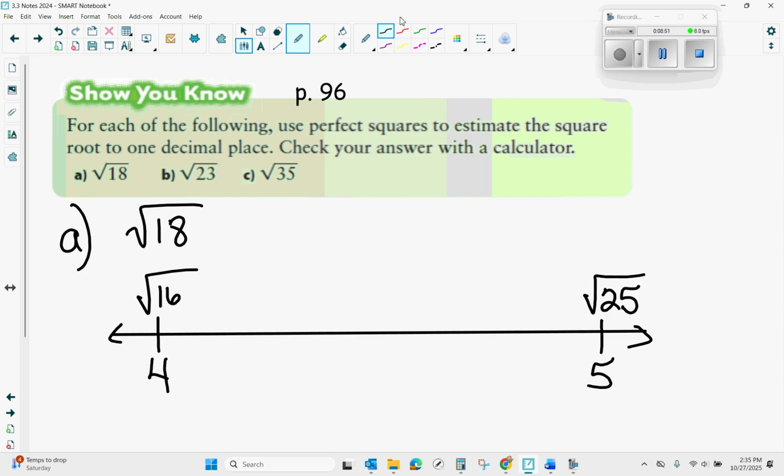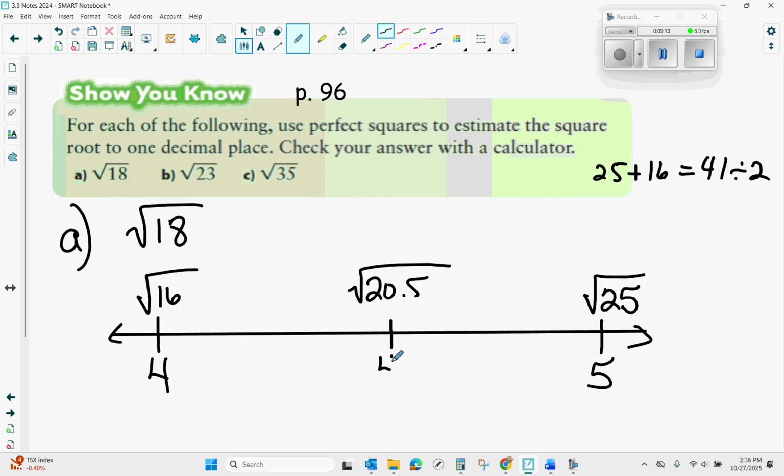Next step, find your middle. 25 plus 16 divided by 2 is 20.5. You can use a calculator if you need to. And the middle of 4 and 5 is 4 plus 5 is 9 divided by 2.